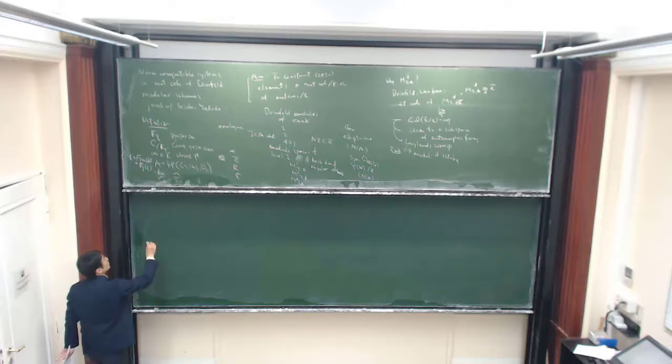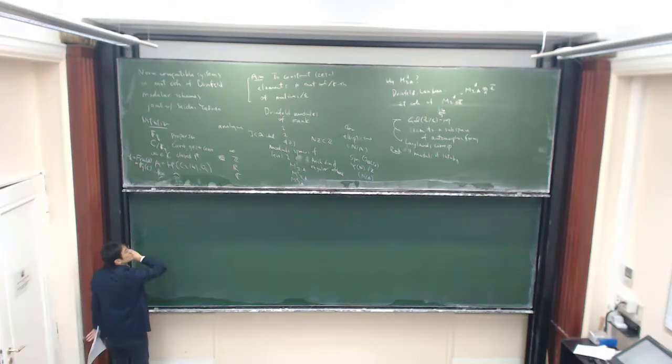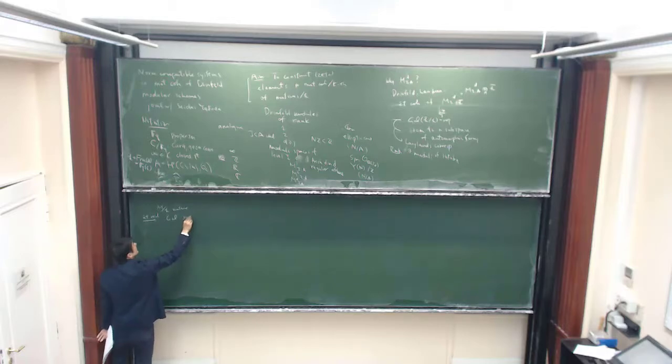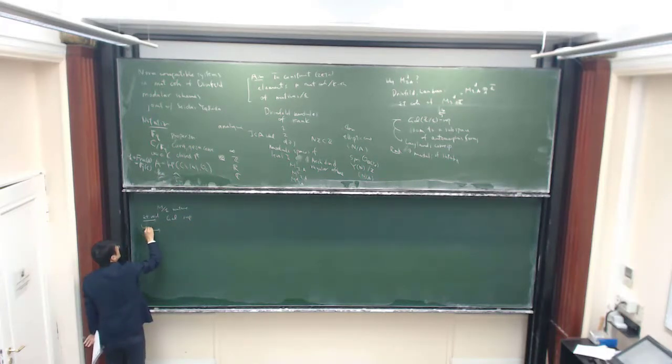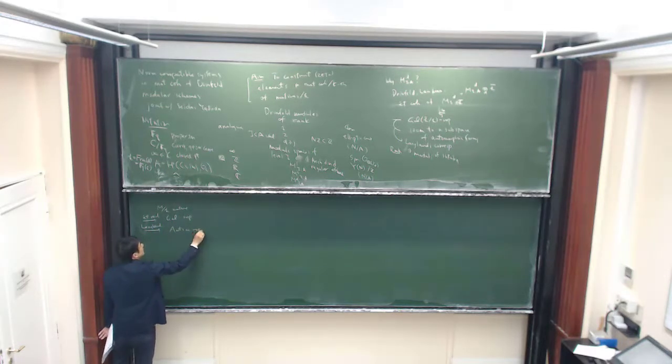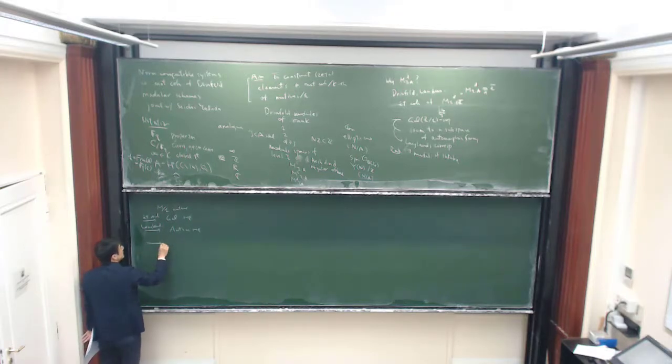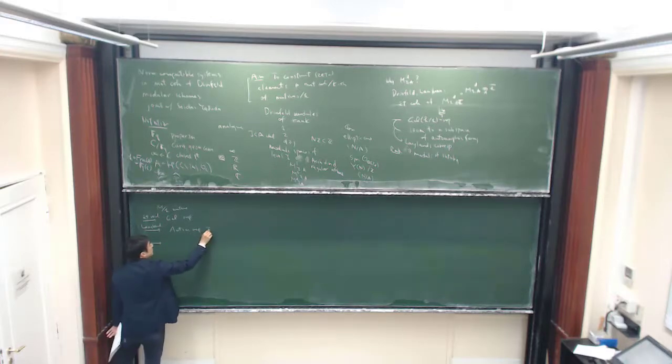Assuming at least the Tate conjecture, you can start with a motive, take the étale realization to get some Galois representation, and then use the Langlands correspondence to get some automorphic representation, say pi f.